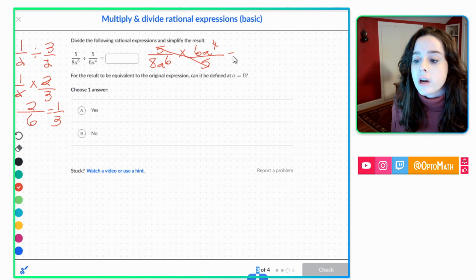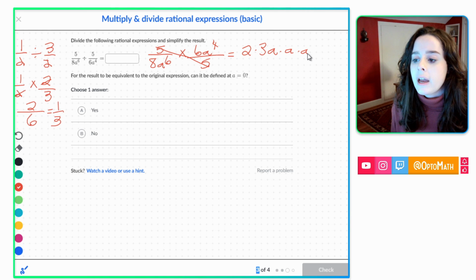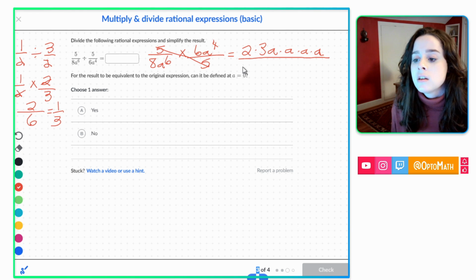So before we get too crazy, let me write it this way. Let's break down our 6. 6 has a common factor of 2 with our 8, so I'll rewrite that as 2 times 3. And then we have a to the 4th, which is 4 a's. Our denominator is 8a to the 6th, which is 2 times 4. And then we have 6 a's, 1, 2, 3, 4, 5, 6.